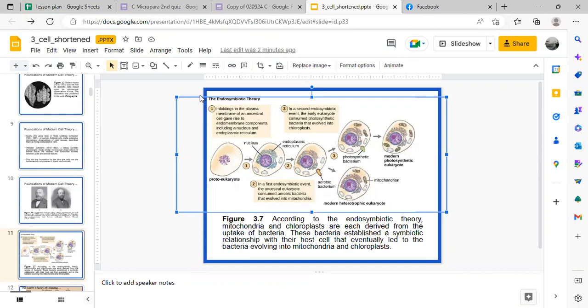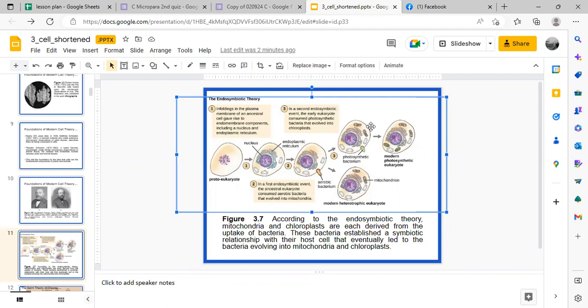And then, additional development ng eukaryotic cell, especially dun sa plant cell, yung mga aerobic bacterium na may photosynthetic capability, so gumagawa siya ng sariling food, eventually, it evolved into the chloroplast.